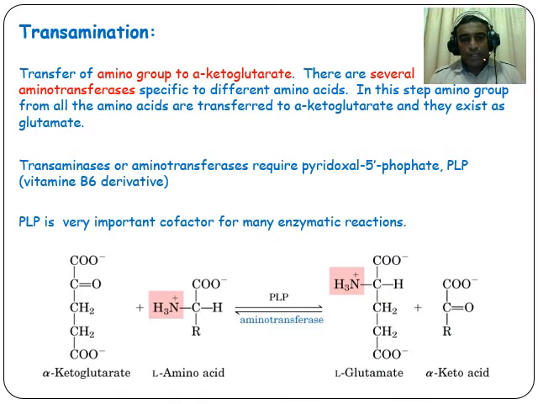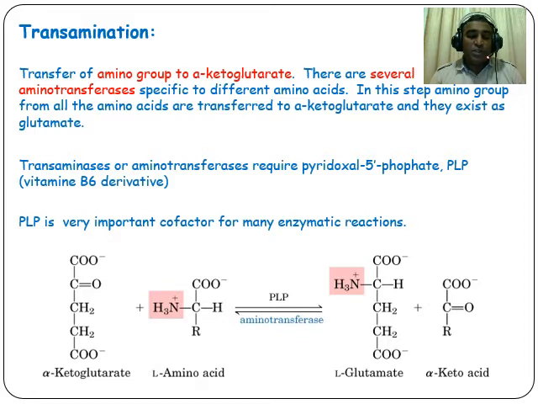So here is a bit more on that first reaction, where alpha ketoglutarate, which happens to be a mitochondrial Krebs cycle intermediate, will react with any particular amino acid.